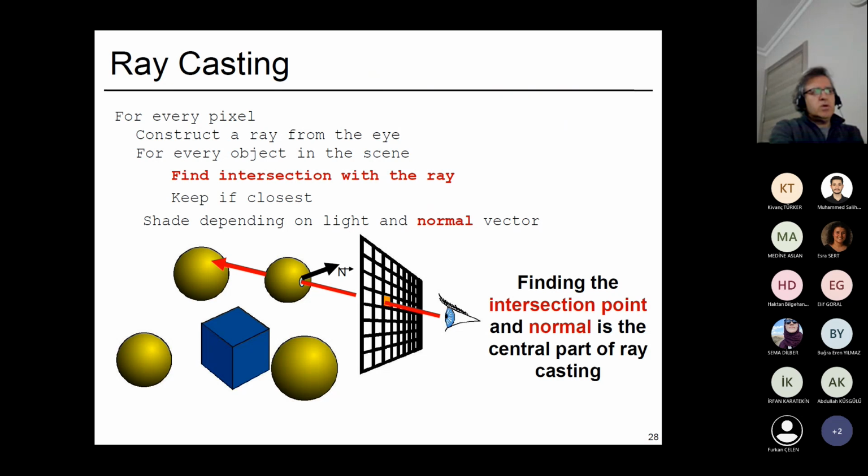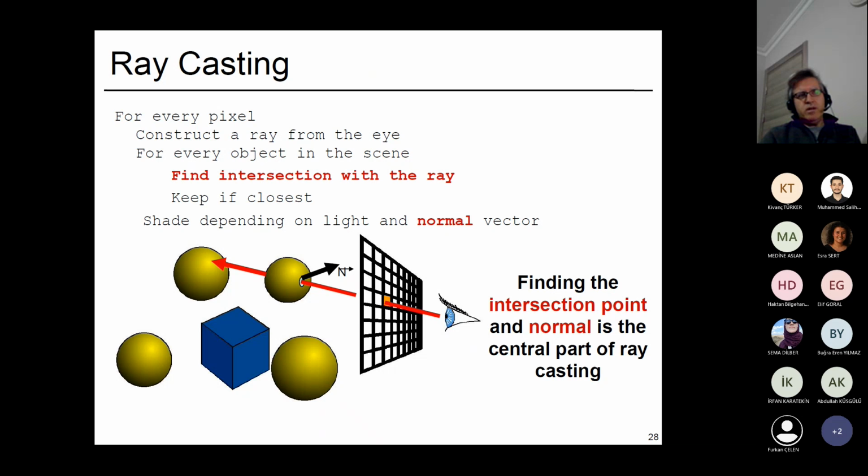All right, so the second part of this, we are going to go back to this thing again, but in detail: how we construct a ray mathematically. The second part of the raycasting algorithm is going to be finding the intersection with the ray.